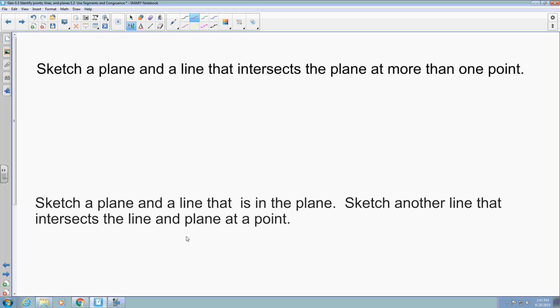Here they want you to sketch a plane and a line that intersects the plane at more than 1 point. Okay. Well, here's my plane.